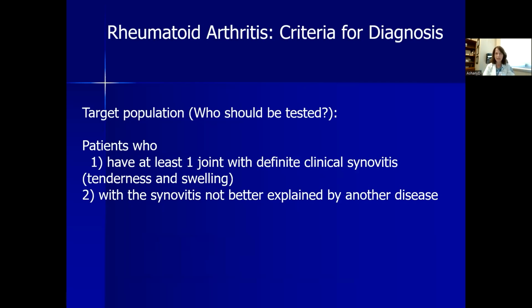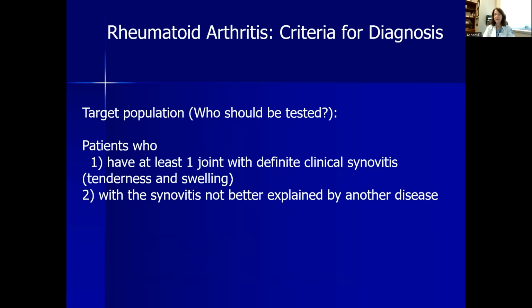It could be tenderness and/or swelling, with the synovitis not better explained by another disease. So for example, some of our patients are already in their 50s or 60s. They may have developed a different type of arthritis called osteoarthritis, which is, if you will, old age arthritis, or arthritis that we get as we get older.